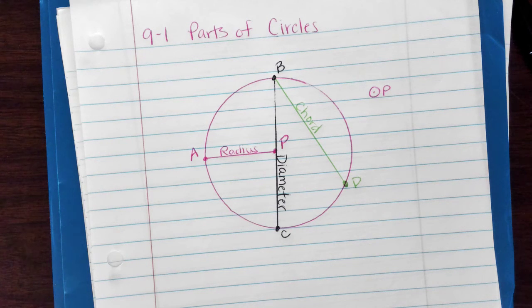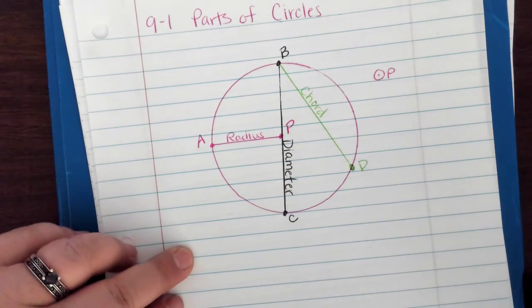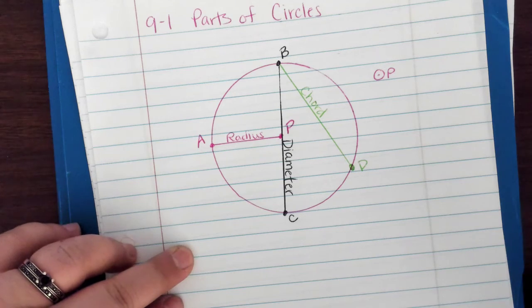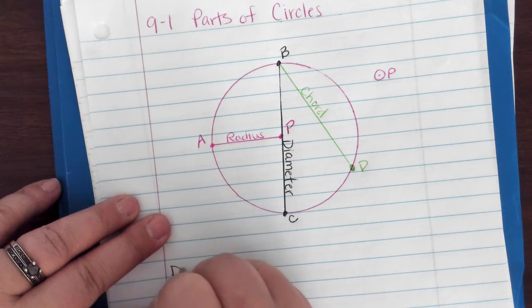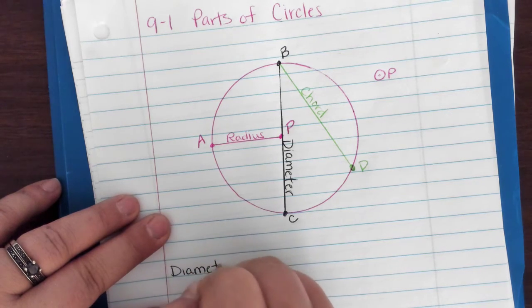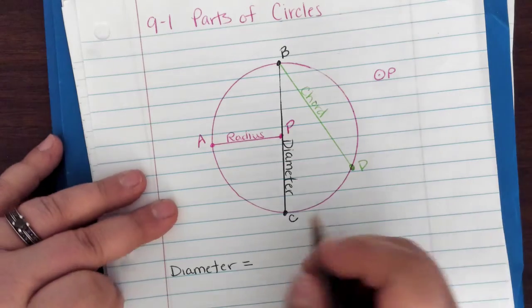Okay, now that we have the different parts of the actual circle down, I want to make sure that we remember some of these formulas. The formula for finding some of these things are as follows. We have our radius. Nope, radius is half the circle. I want to go over diameter. As long as you know what the radius is already, the diameter is 2 times that radius.